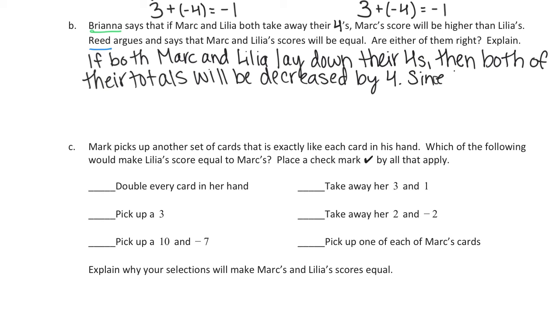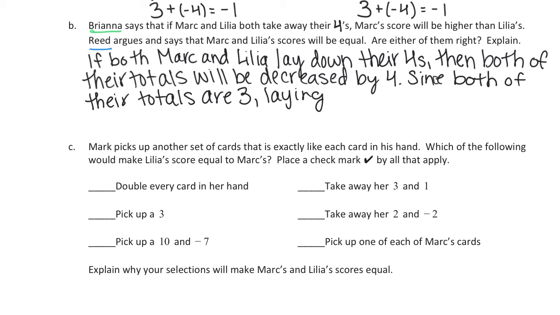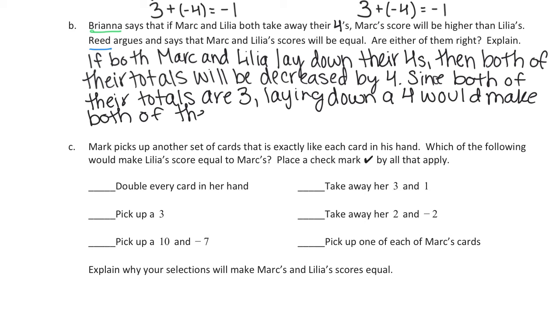Since both of their totals are 3, laying down a 4 would make both of their scores -1.